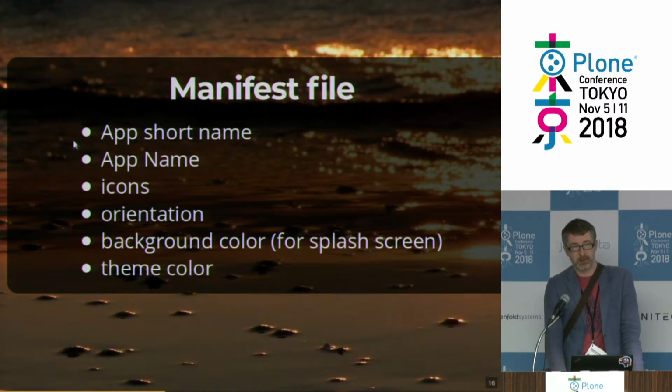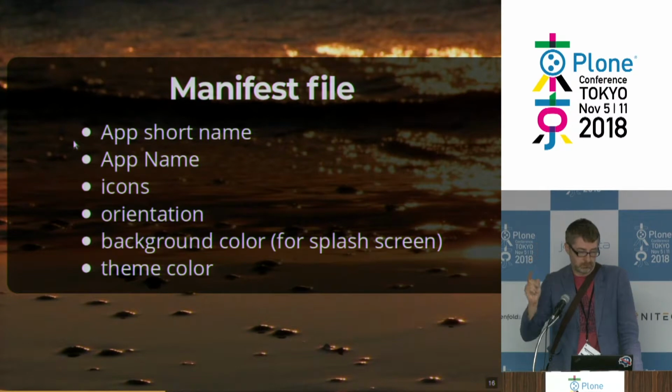When you have the manifest file, the browser will allow you to save the website as an icon on your phone, or now even on Windows already, and Linux, Mac is coming soon. So you basically can save the app and use it as an app.